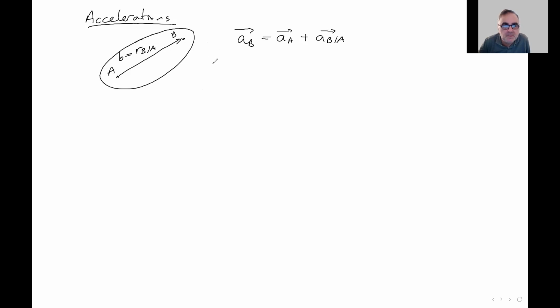Now, as we know, we can write this as follows: AA plus AB relative to A, the tangential component, plus the normal component.